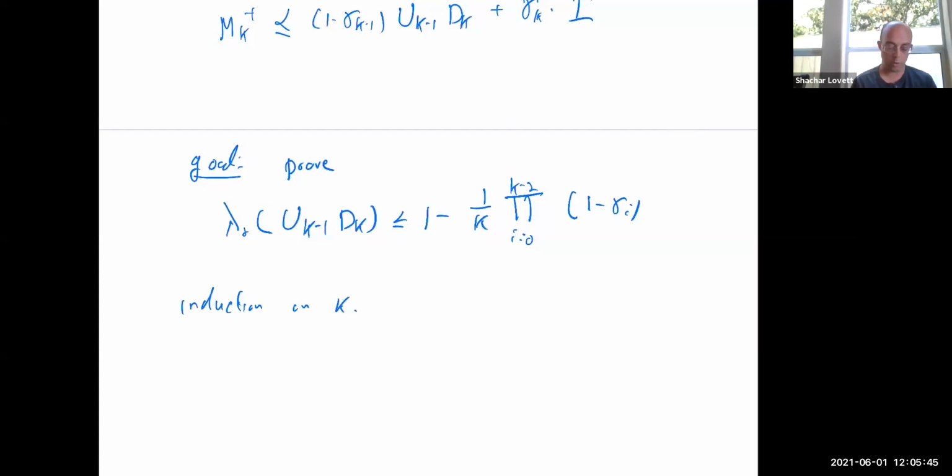Okay, that's going to be one thing. And the other thing we're going to do is use the fact that lambda 2 of U_{k-1} D_k, the lower walk, is the same as lambda 2 of, just flipping the order, the upper walk at level k minus 1. If we take two operators and flip them, it doesn't change the spectrum. It might add zeros or remove zeros, but the spectrum doesn't change.